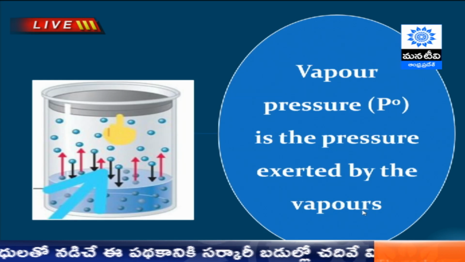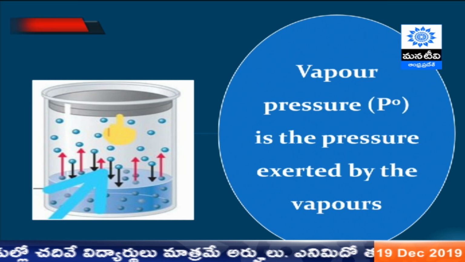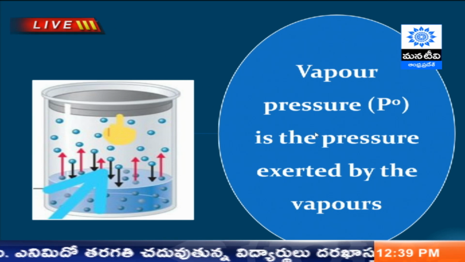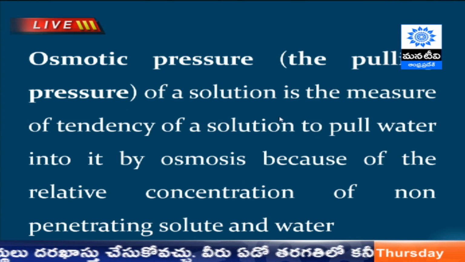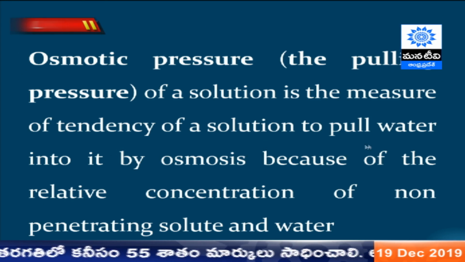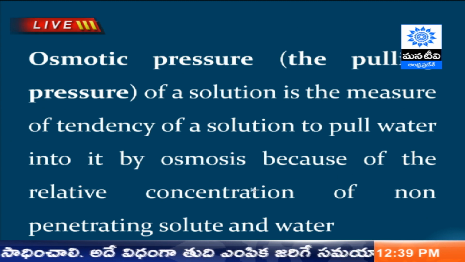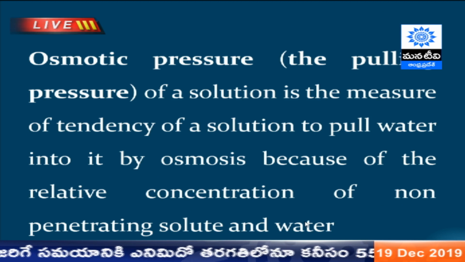Now, I have already spoken about vapor pressure. It is the pressure exerted by the vapors. Now, what is osmotic pressure on similar lines? Osmotic pressure is the pulling pressure of a solution, and it is the measure of the tendency of a solution to pull solvent into it by osmosis because of the relative concentration of non-penetrating solute and water.